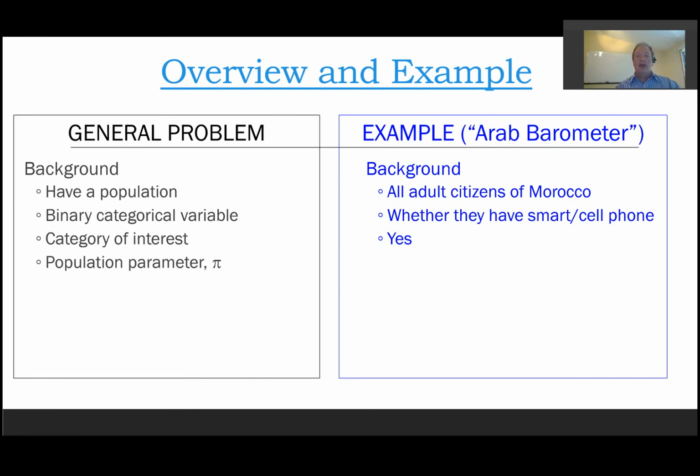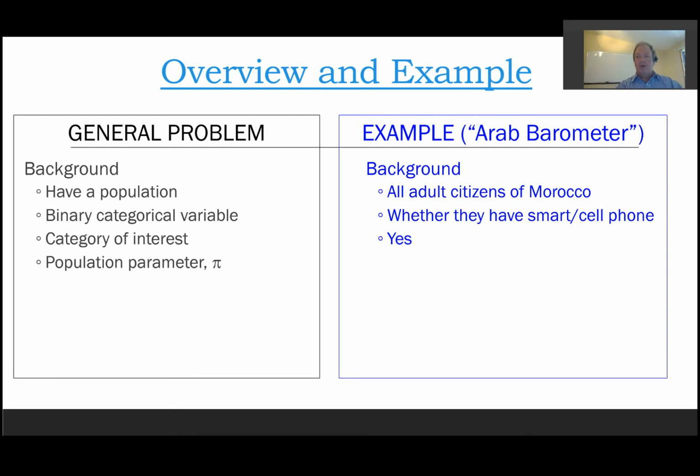And in our case, we're going to limit ourselves to categorical variables. And so, if we think about it, what is a parameter? A parameter is the one number you would compute if you had all the values for that variable in the whole population.